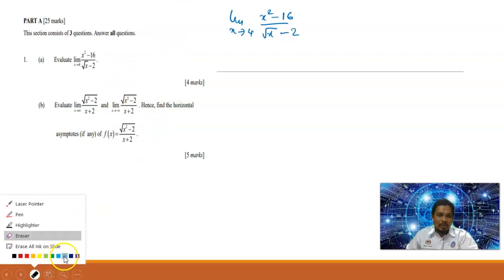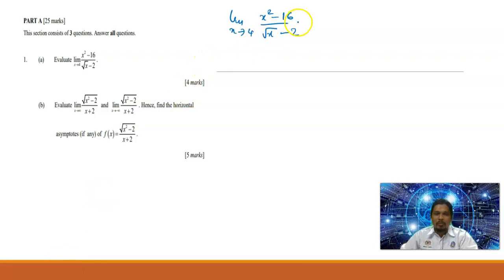So what we are going to do here is multiply this with the conjugate of the denominator. Then we have square root of x plus 2 divided by square root of x plus 2. Multiply this, limit of x approaching 4. Look at the denominator: square root of x times square root of x.